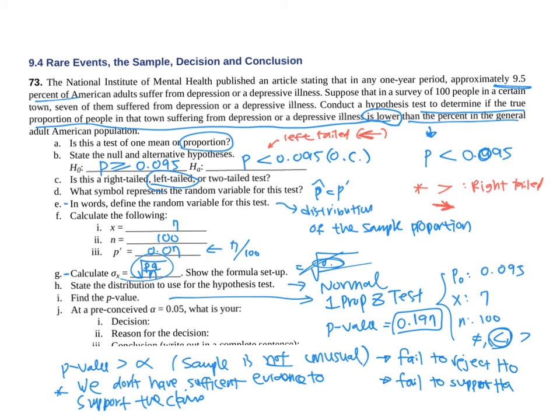Okay. And this is a case where it's inconclusive. Basically, we can't tell if it's lower than the general population, so we cannot support that statement here.